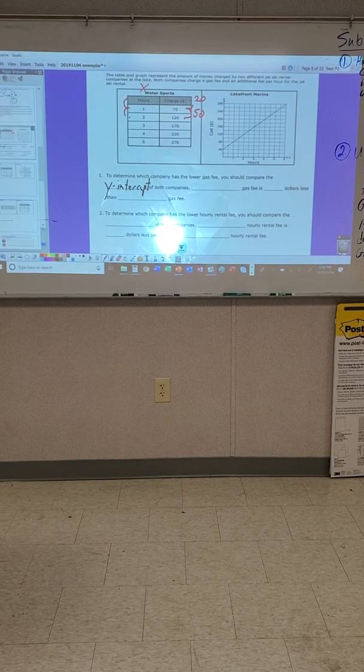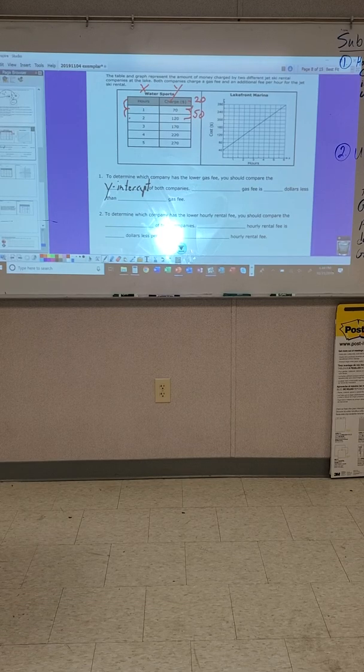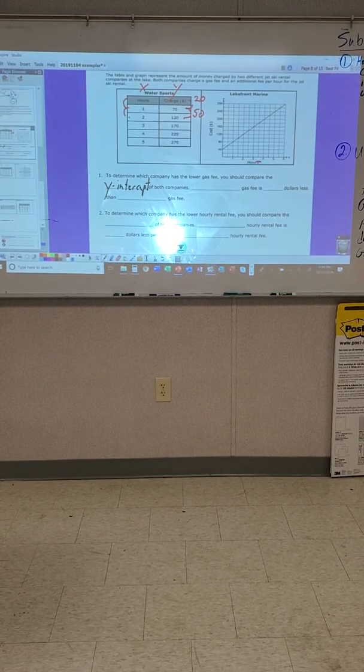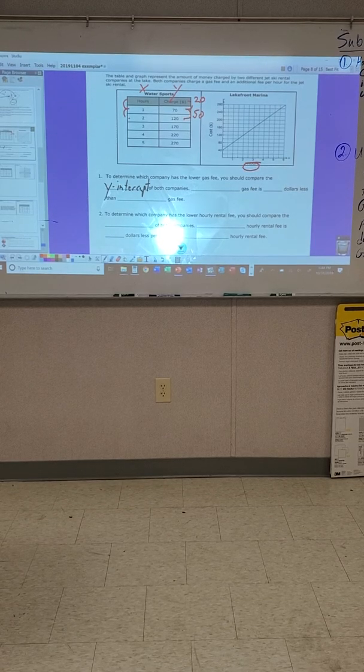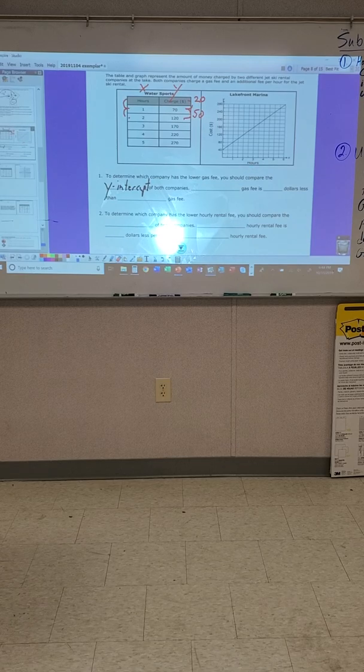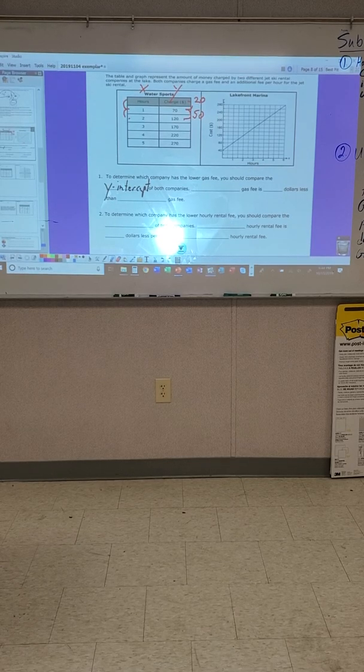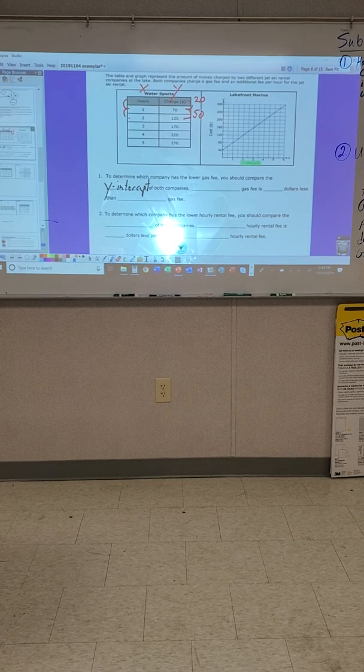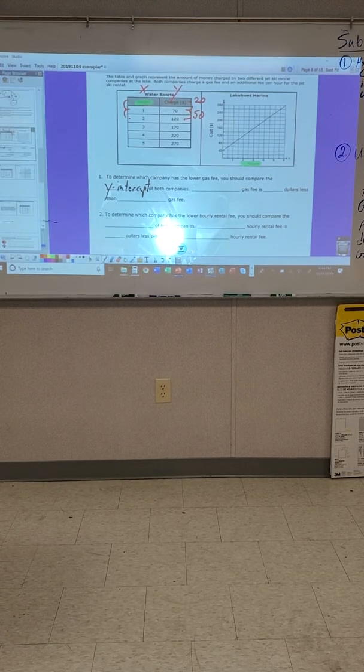Well, let's see. This is the X, and that's the Y. I know it's the X because hours time is always on the X-axis. And if we look at our graph, there we go. Hours, right there. And I think I'm going to highlight that instead. Alright. So this is how I know hours is on the X-axis. So let's switch back to the pen real quick.